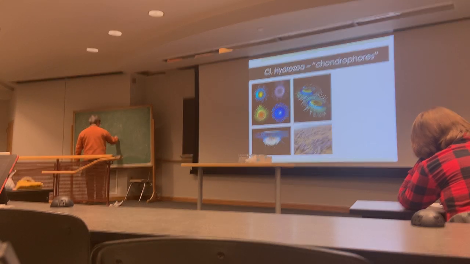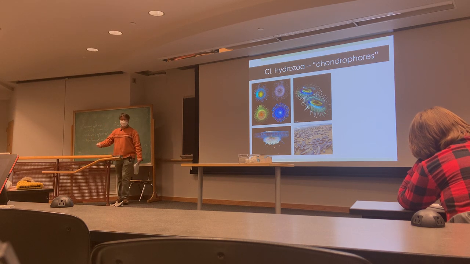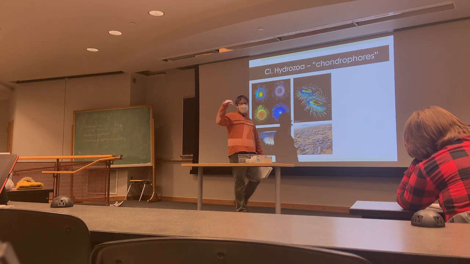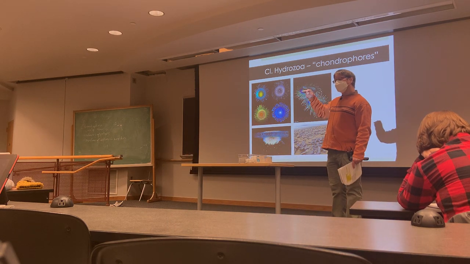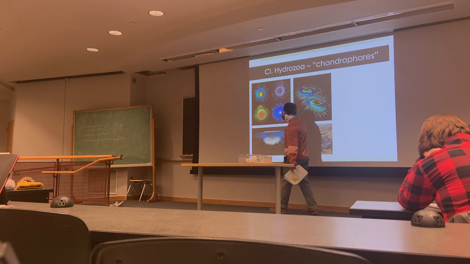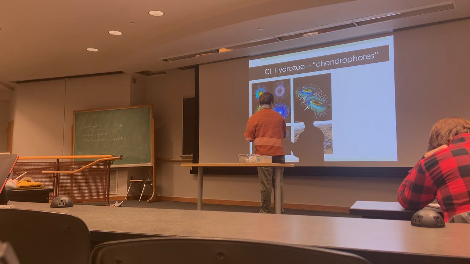They form a unique community that's known as the neuston, as opposed to the plankton. And plankton are organisms living in the water column. The neuston are organisms that live on the surface. And they do so by having these upper floats that are cartilaginous in appearance.